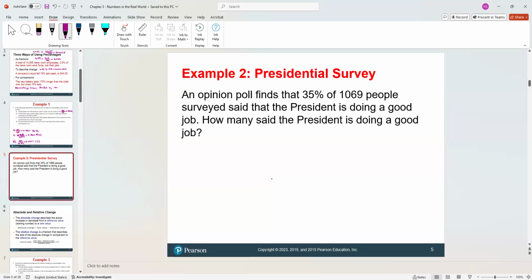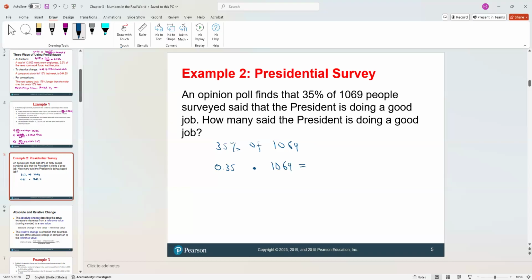Remember, of means multiplication. They said 35% of 1,069. If you translate it into a mathematical model, because of indicates multiplication, 35% of 1,069 responses, we can put 0.35 in decimal, of means multiplication, times 1,069.